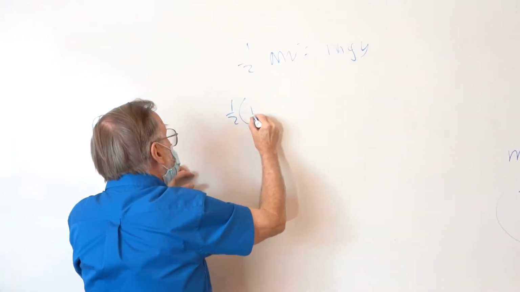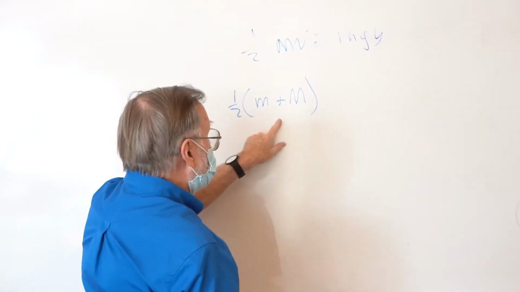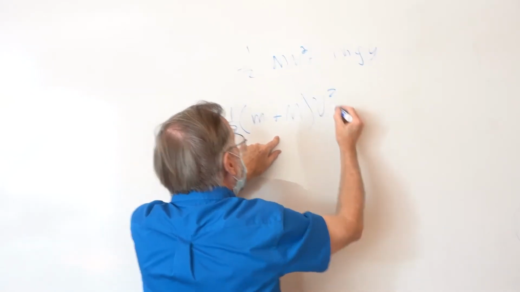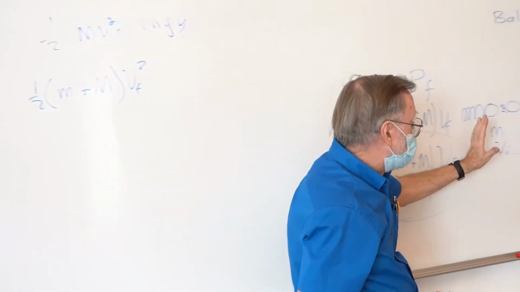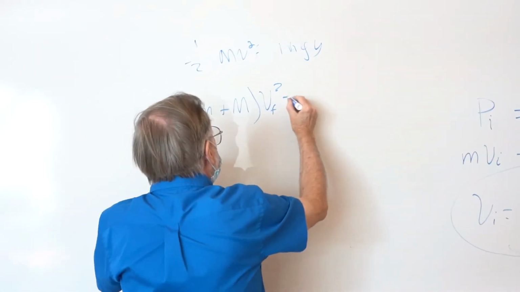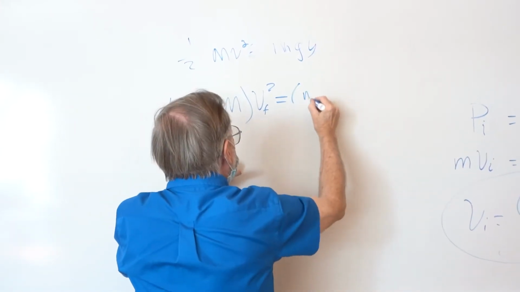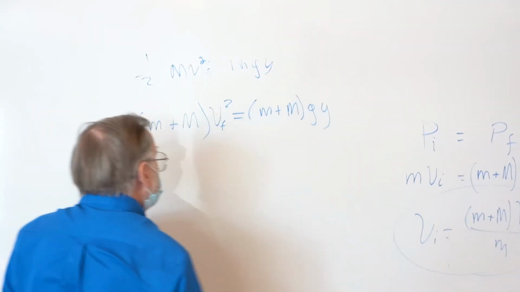The m here is the ball plus the pendulum, and v squared is the VF, the final V in the collision that we were talking about before. That's got to equal the total mass that's raised up, which is also m plus big M gy.